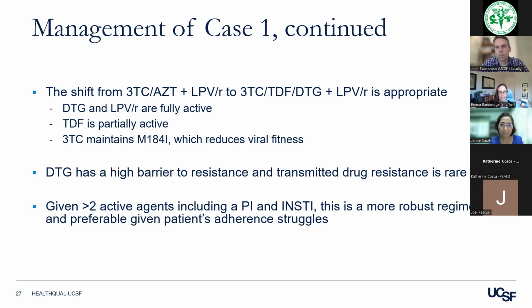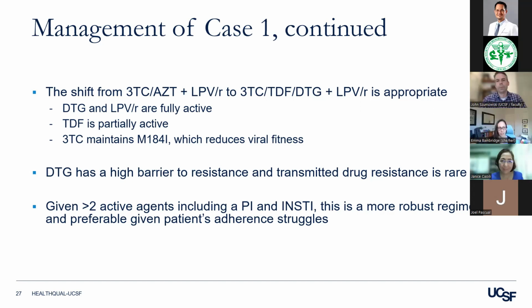But I recognize the limitations. If you don't have this resistance data, this is in retrospect; we're able to look at the resistance data and, as Janice said, guide the shift, but that's not always available.